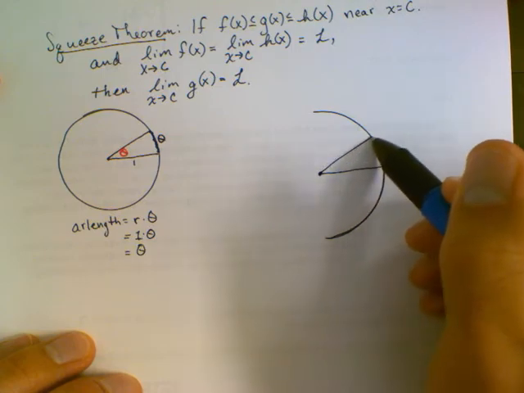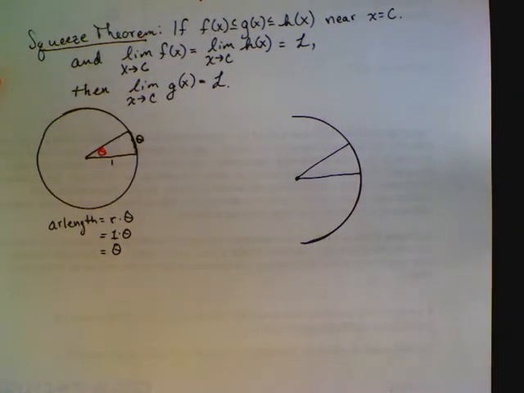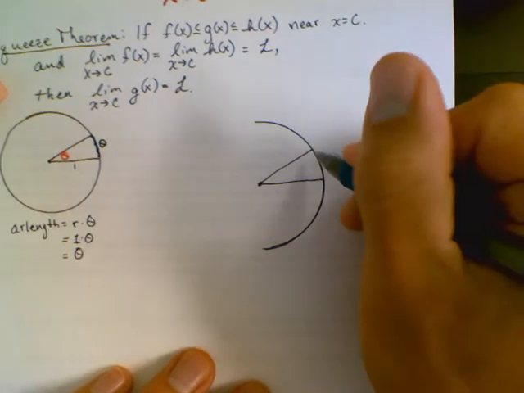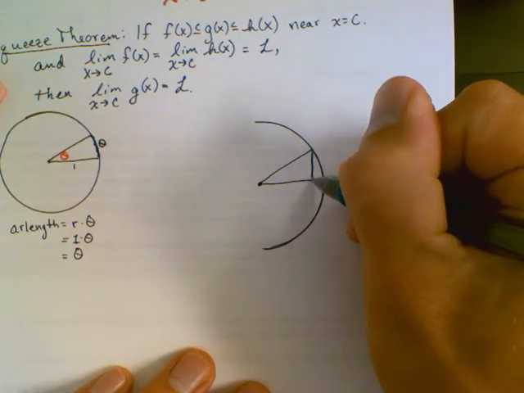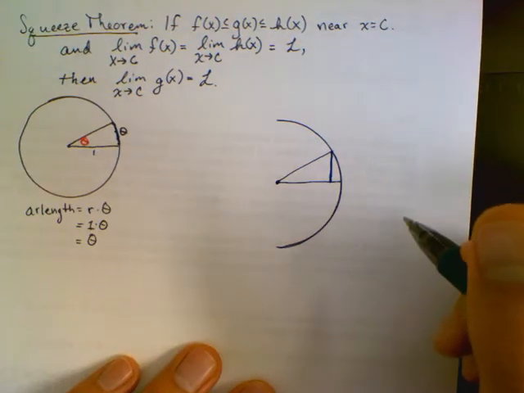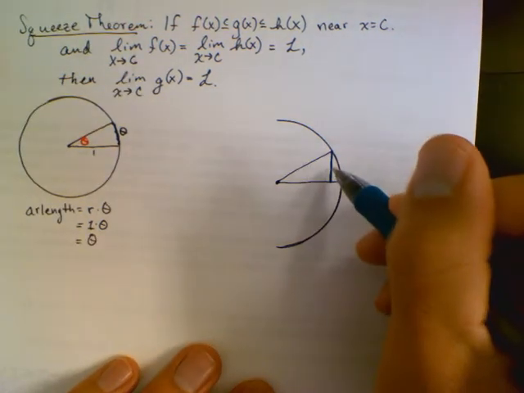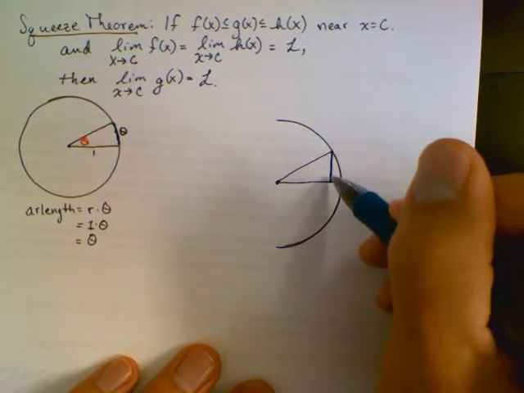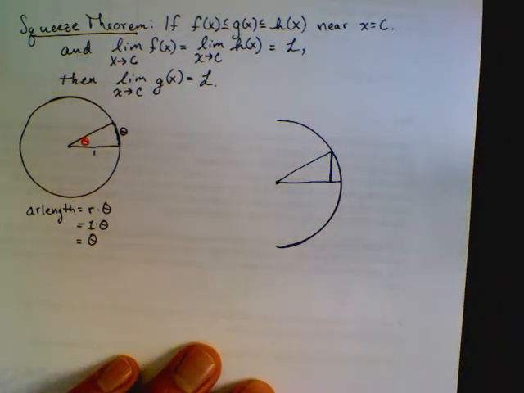Still have that radius there. Okay, so I'm going to draw a vertical line, and most people know, they've memorized the unit circle at this point in this video, right? So you guys call this sine theta because it's the y value of this right triangle.